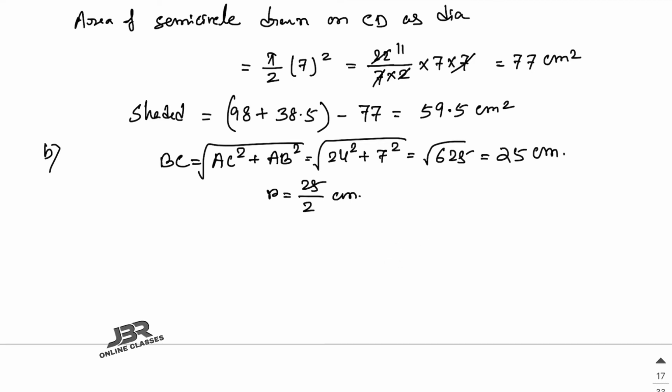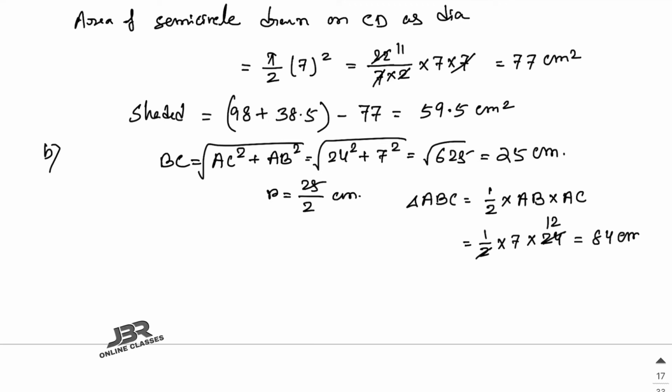Okay, no problem. Now the area of the triangle ABC equals half into AB into AC, so half into 7 into 24. Here it's 12, 12 7 84 centimeter square. Okay, and now the area of the quadrant.